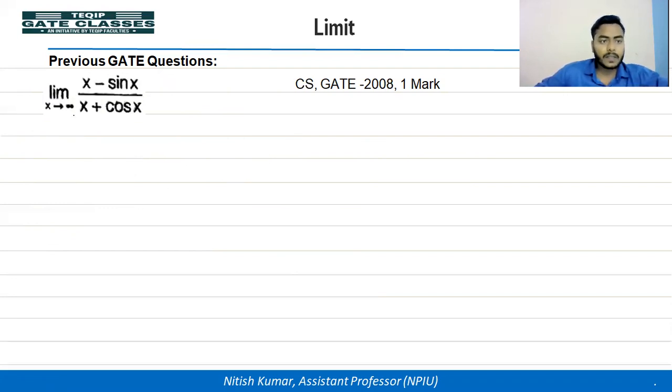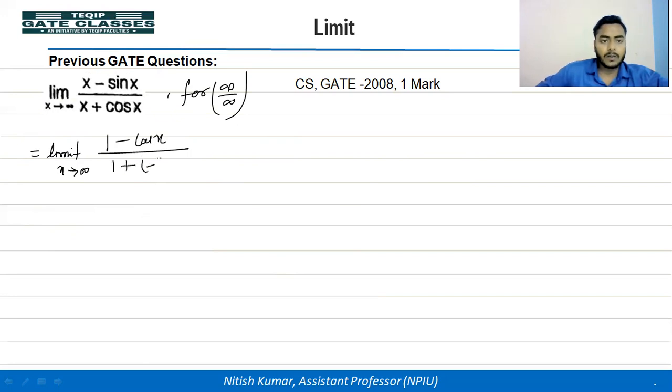Again, check the form. Put x equal to infinity, what are you getting? Infinity by infinity. Here the form is infinity by infinity. Okay, so apply the L'Hopital rule. Limit x goes to infinity, differentiation of 1 minus sine is cos, differentiation of 1 plus cos is sine.